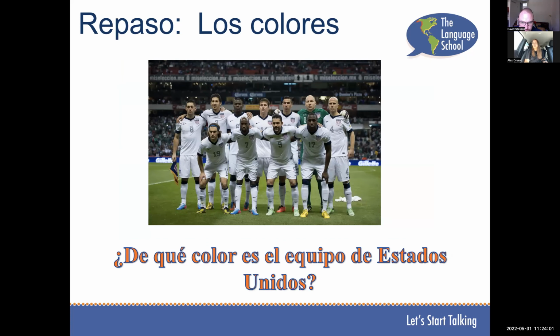Enrique Peña Nieto fue el presidente de México. He was the president of Mexico. No fue popular porque durante su presidencia se escapó el Chapo, la violencia se incrementó y la economía sufrió. ¿Te gusta Enrique Peña Nieto?